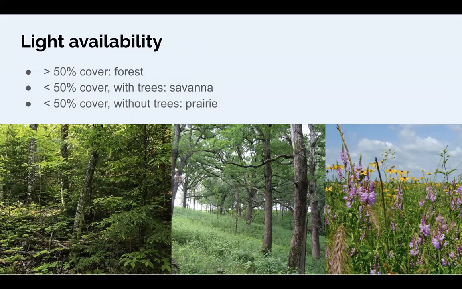Areas that have trees, but not a lot of tree cover, less than 50%, those classify as a savanna. So a lot of light penetration to the ground level, and so the herbaceous plants have a little better access to light there. And then prairie counts as habitat that has less than 50% cover.